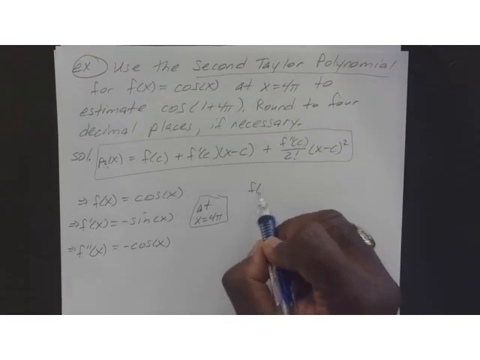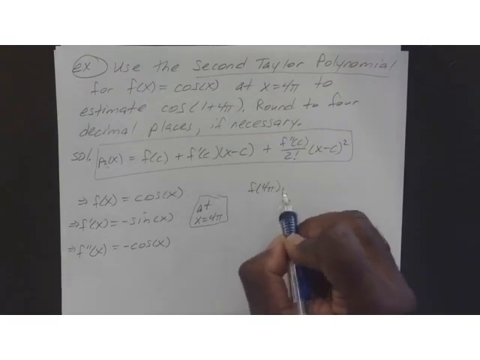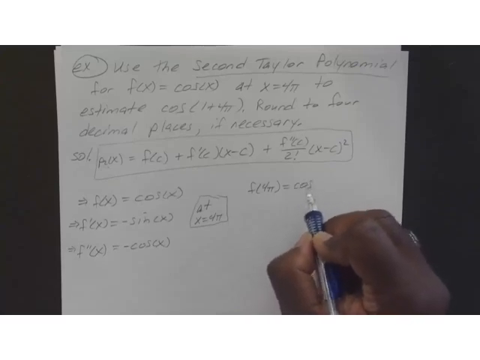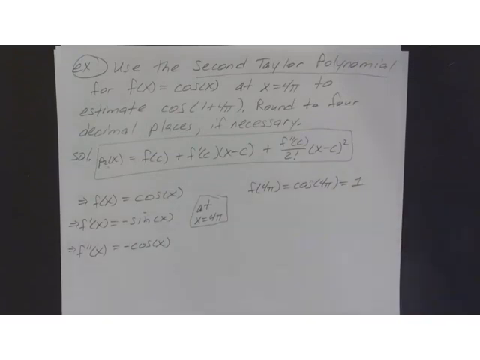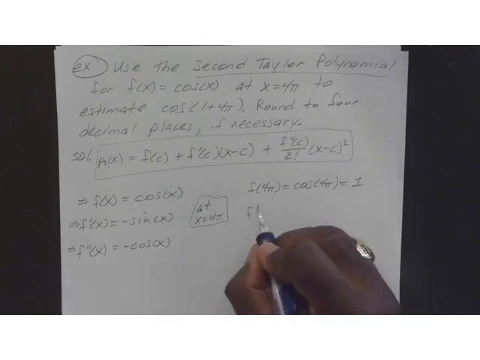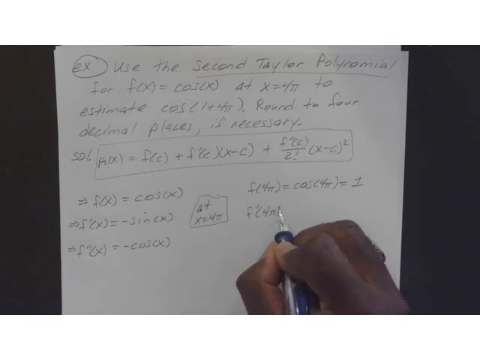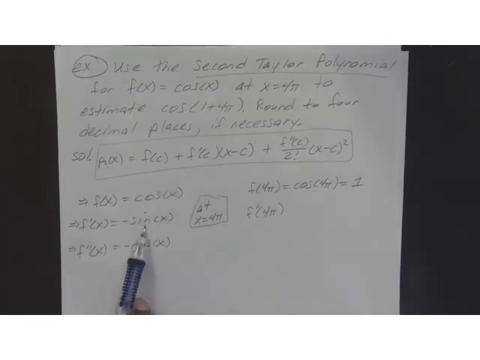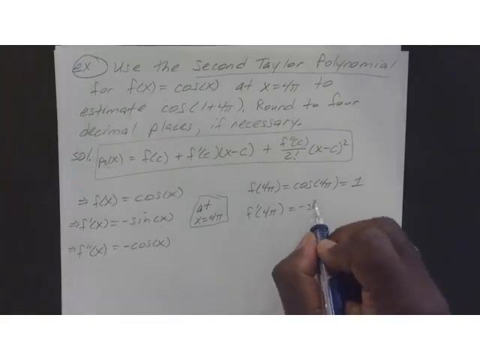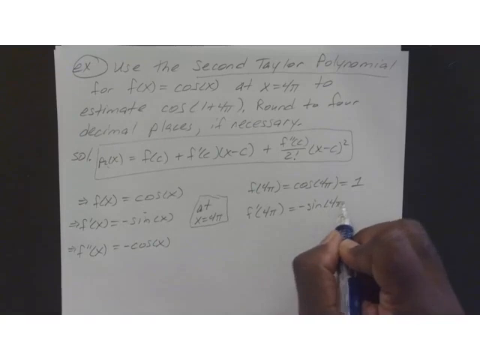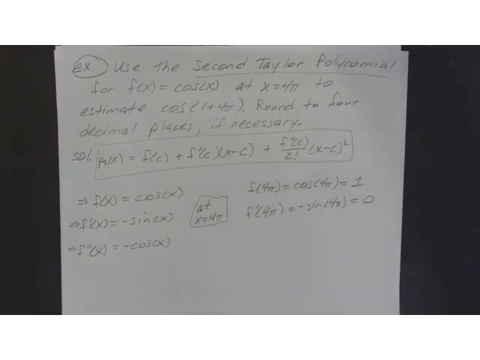So we know that f of 4 pi is just cosine of 4 pi, which is 1. And f prime of 4 pi is just negative sine of 4 pi, which is 0.